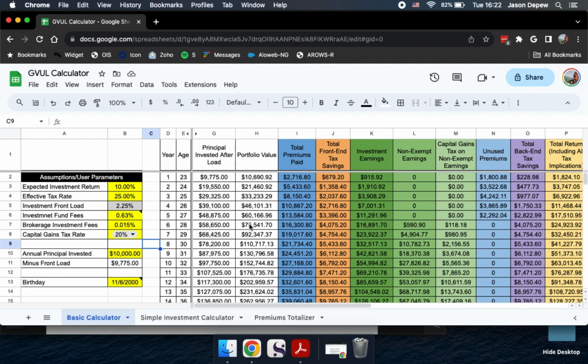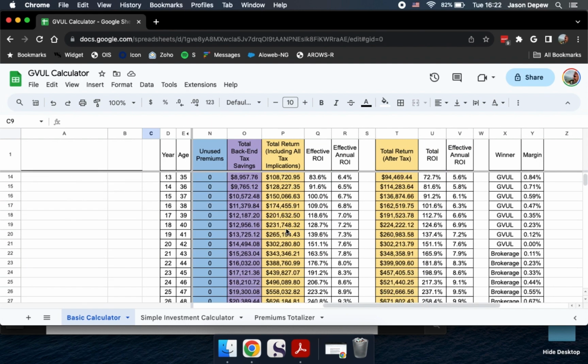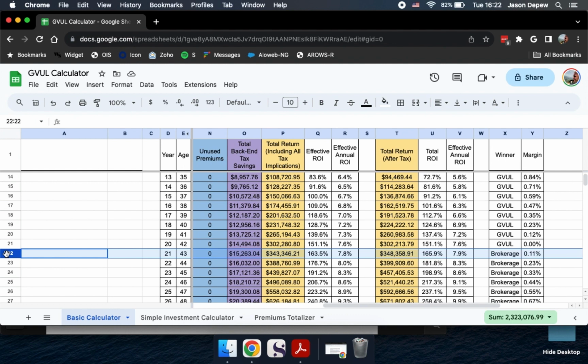Well done. We come over here and we see GVUL wins all the way down until here, which is year 2021, the 20th or 21st year. The brokerage account starts winning.